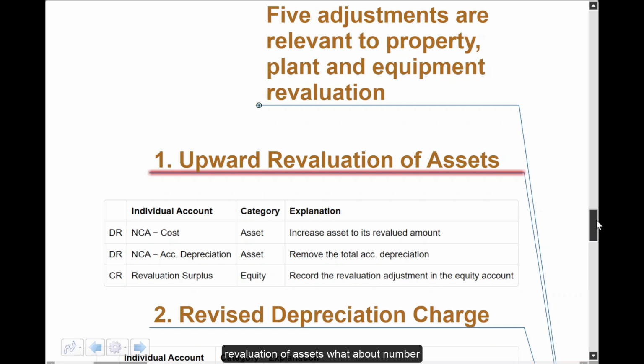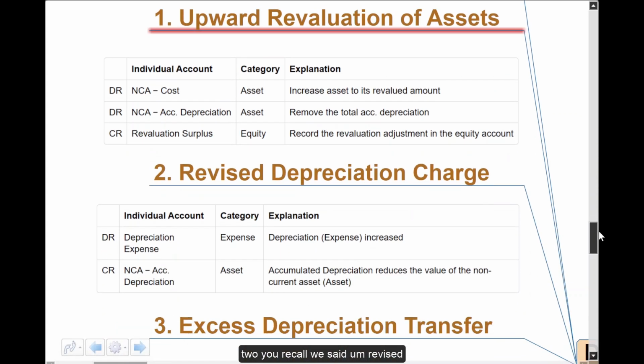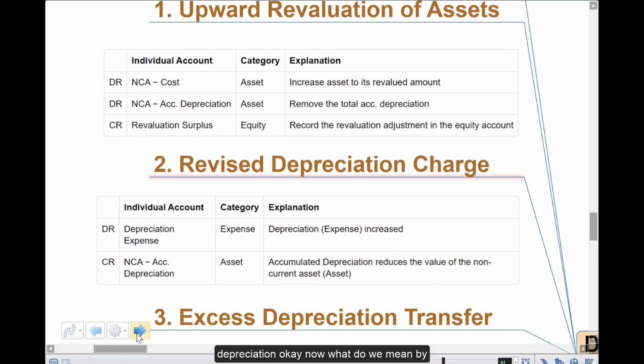What about number two? You recall we said revised depreciation. Okay, now what do we mean by that? Well, what we mean is that just because we've been asked to revalue an asset doesn't mean that it's not going to be depreciated, because we have to assume that our accounting policies are in play with every asset year on year.